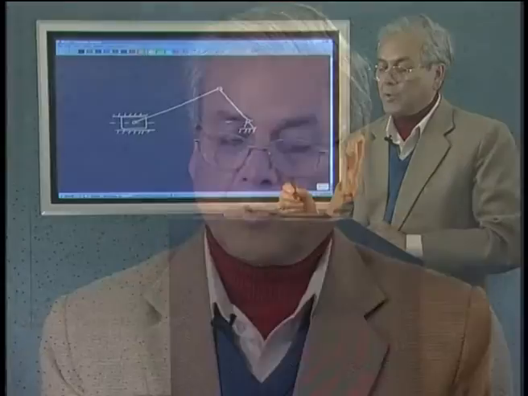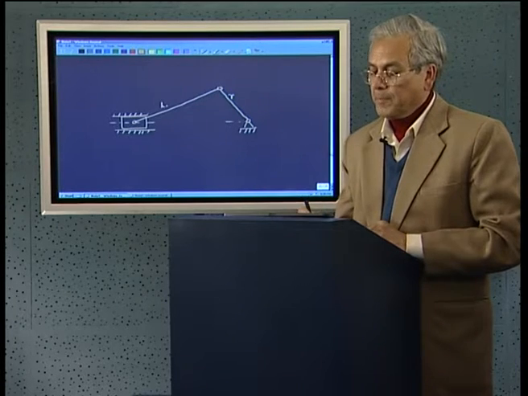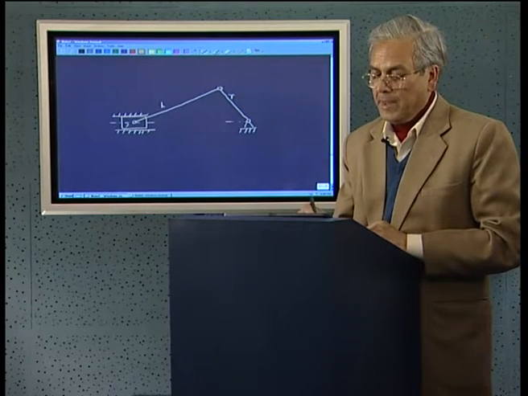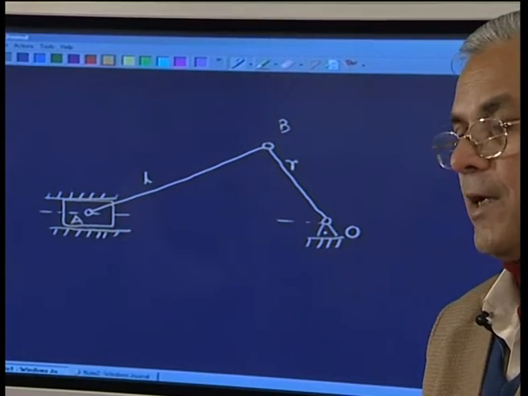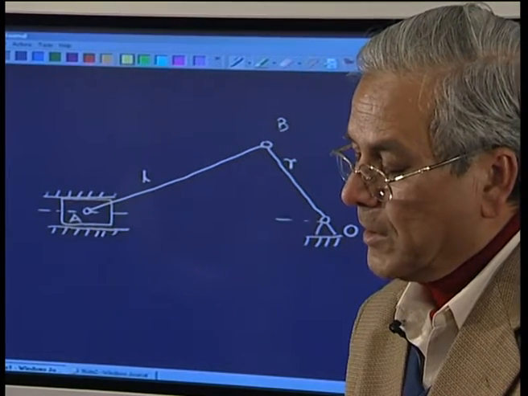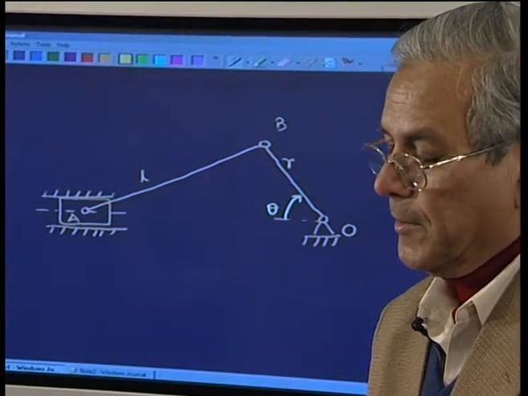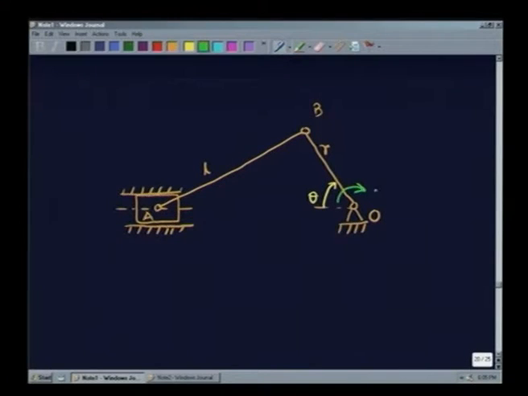The data which you have to give is all the dimensions, that means the radius of this, the length of this, say this point is A, this point is B, and this point is the fixed hinge or the crankshaft axis O. This angle at this instant we may consider to be theta, and we mention that this is rotating with a constant angular velocity, and a torque is acting on this, say a moment on link 3.